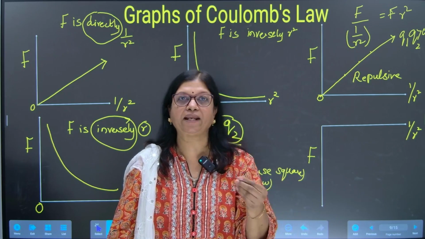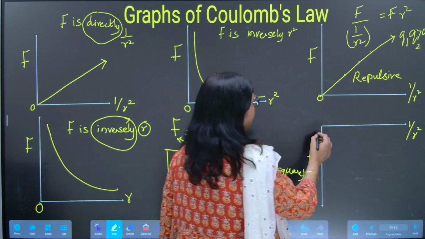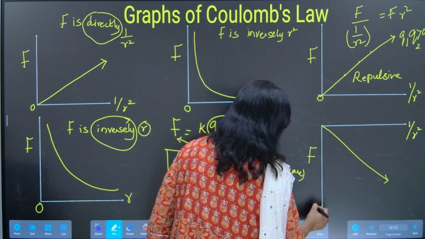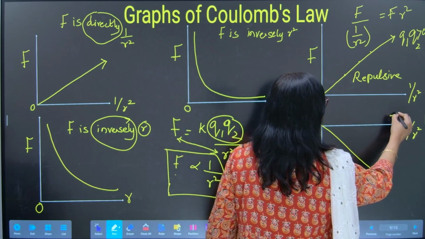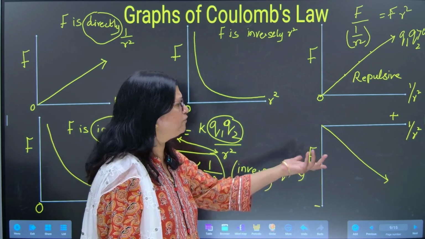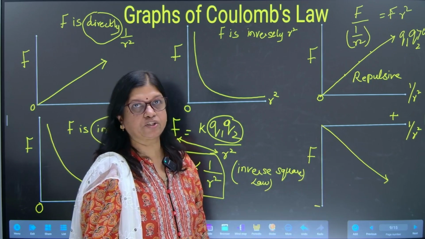Now we move to the next graph, where again I have drawn the force on the negative y-axis and 1 upon r square on the positive x-axis. Definitely I am going to get a straight line graph from the origin.